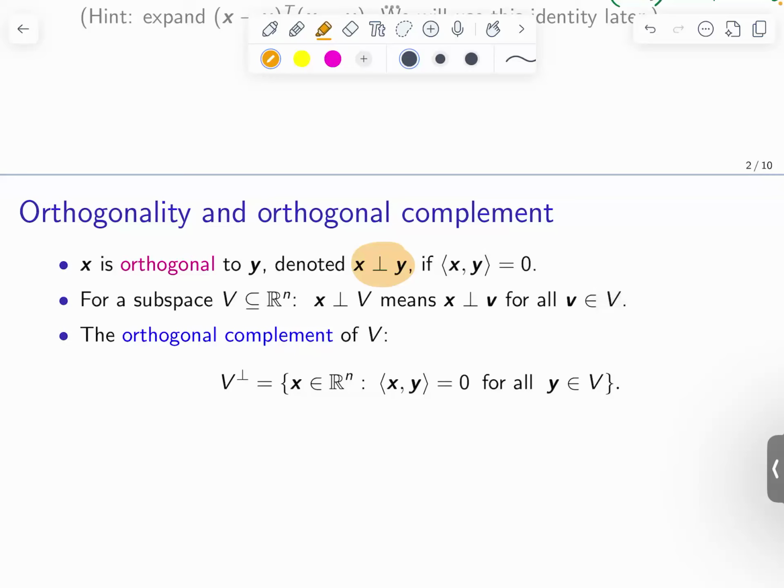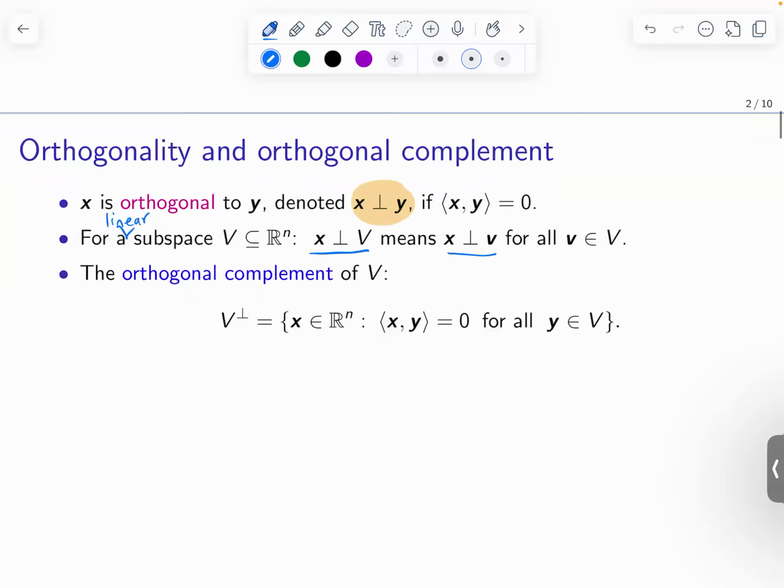If V is a linear subspace, a subset of R^n, and you pick another vector x in R^n, you say that x is perpendicular or orthogonal to V if x is perpendicular to every vector in V. So x is perpendicular to little v for all v in capital V. Okay, so the vector is orthogonal to a subspace if it's orthogonal to every vector in the subspace.